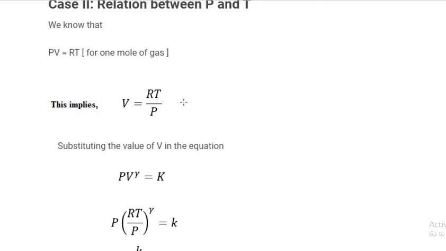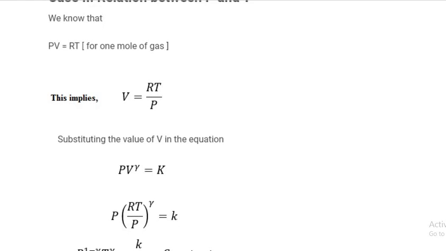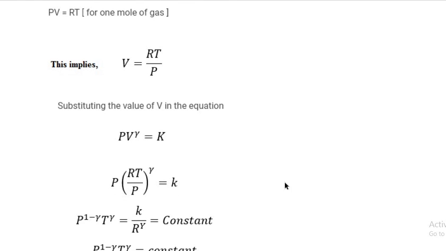Substitute V is equal to RT by P. So P into RT by P the whole power gamma is equal to K. Fine. So P is in the numerator and there is another P in the denominator with the power gamma, so once it comes to the numerator, I can write P power minus gamma.